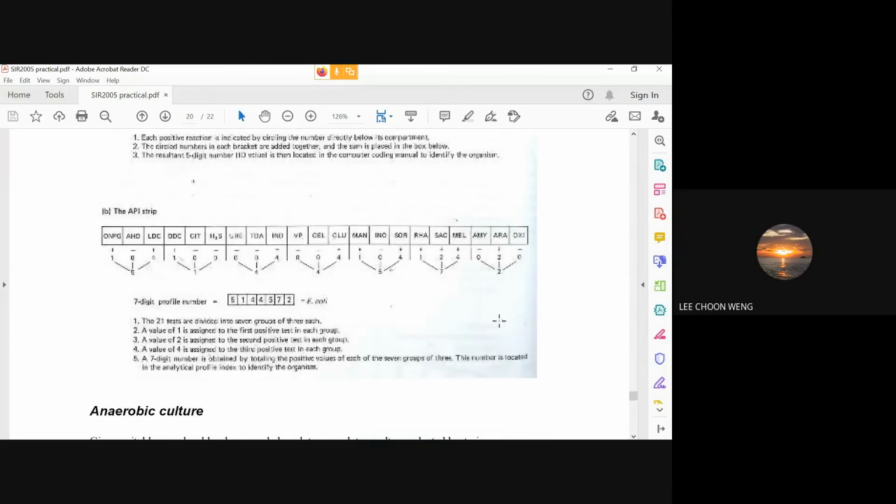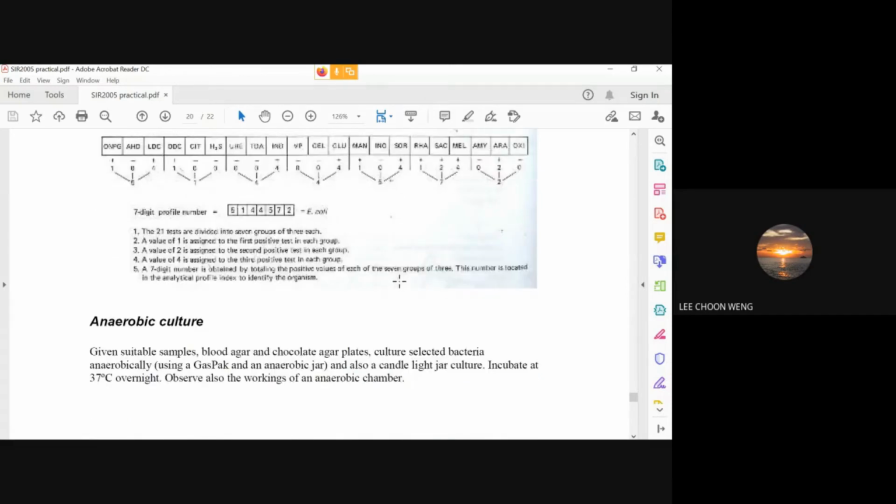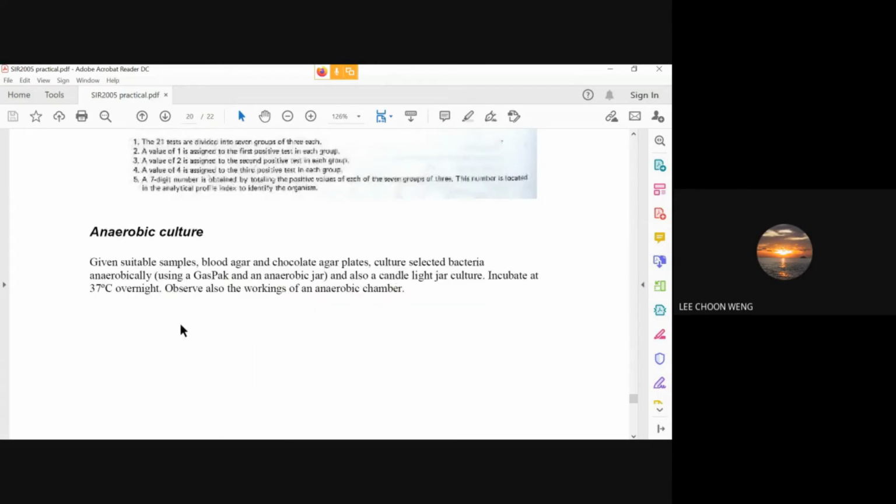This is for API. Okay, so anaerobic culture. As you have learned, some bacteria grow better without oxygen. Some bacteria grow better with increased CO2. So for increased carbon dioxide, we can use the candle jar culture.